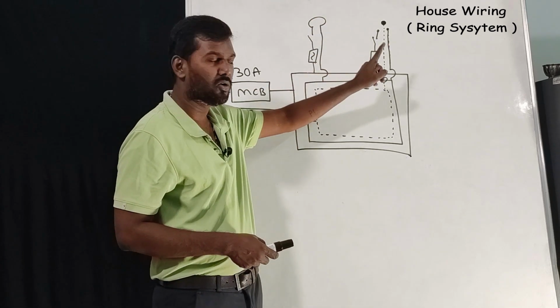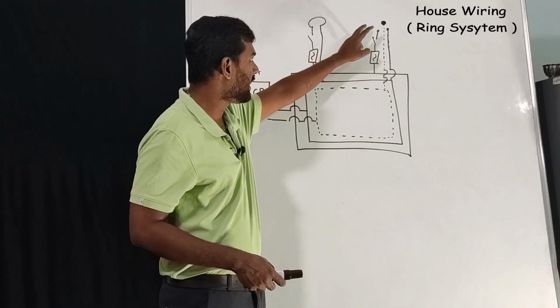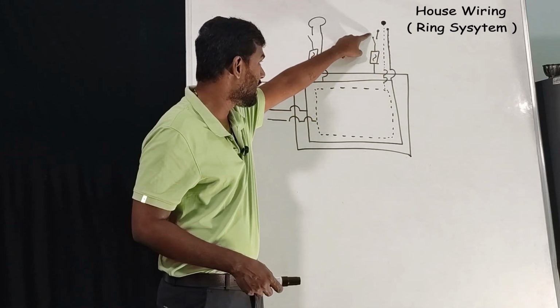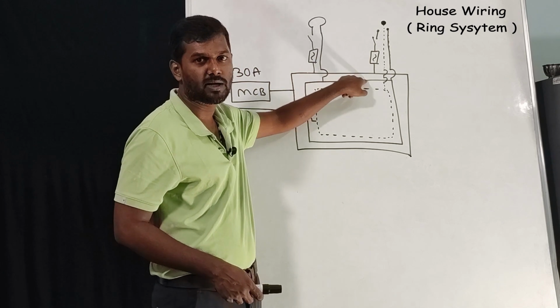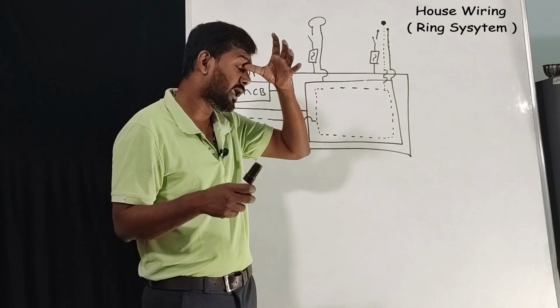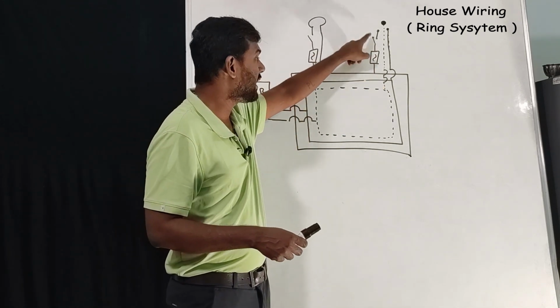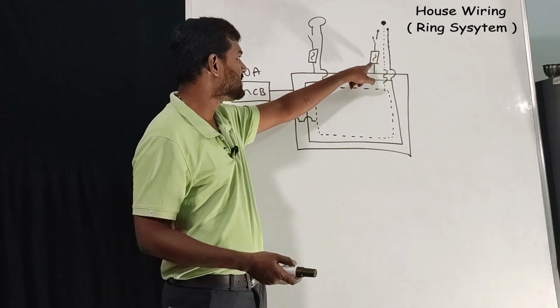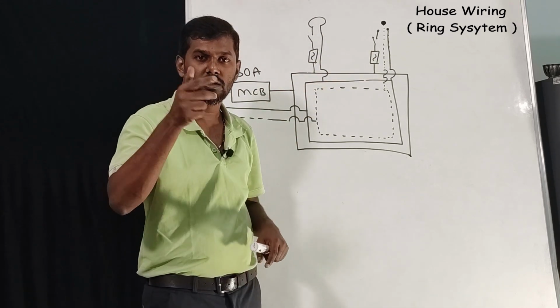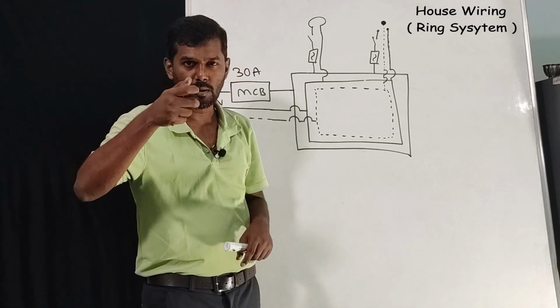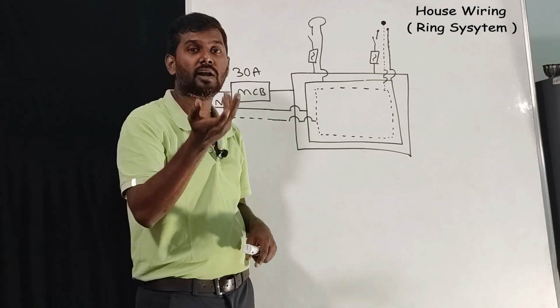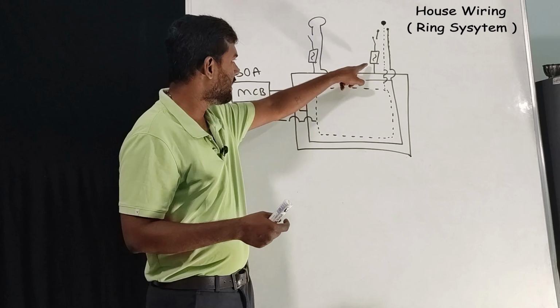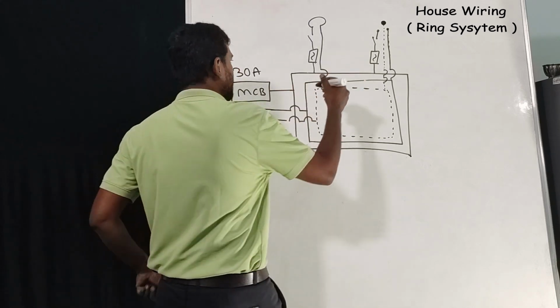Now the only thing you need to know: the live wire should be connected to the live connection. In the live wire only the switch and fuse should be connected. If in an exam they ask you to connect one bulb and a fan, for a fan, instead of a fuse you can go for the pot, the resistor pot, or else you can go for a rheostat.